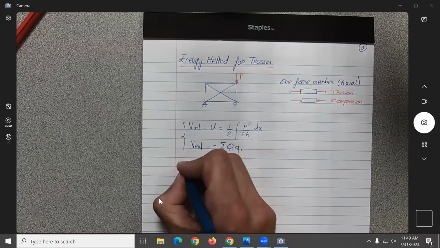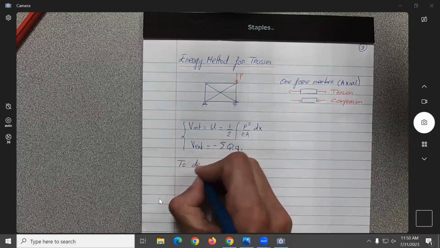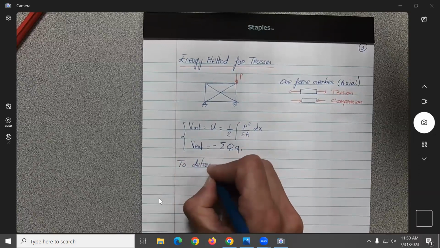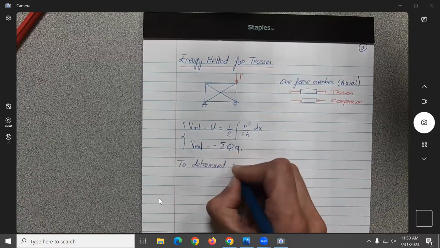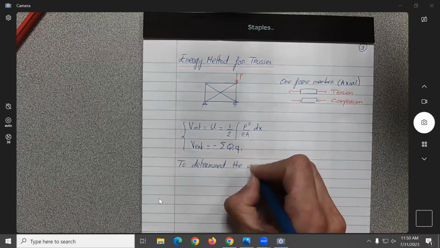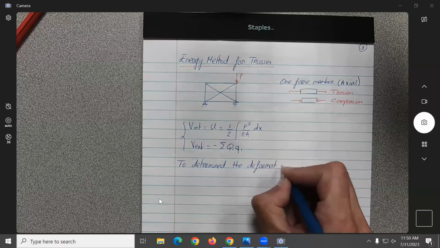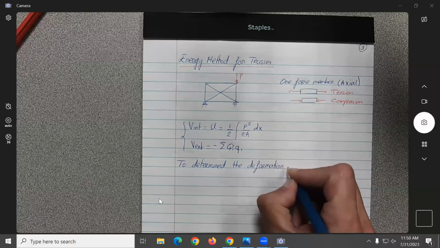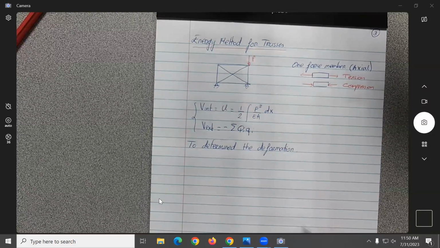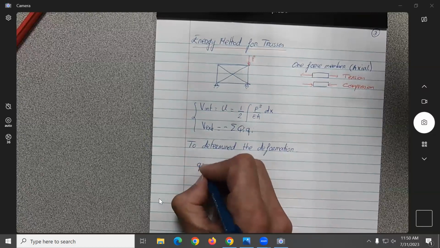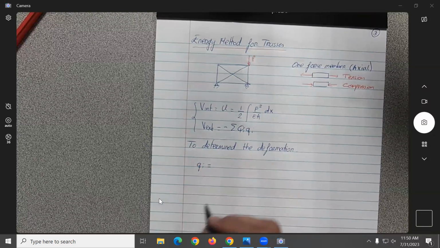Let's say to determine the deformation, not the force, what is the equation that we just derived? We say that Q sub I needed to be equal to what?